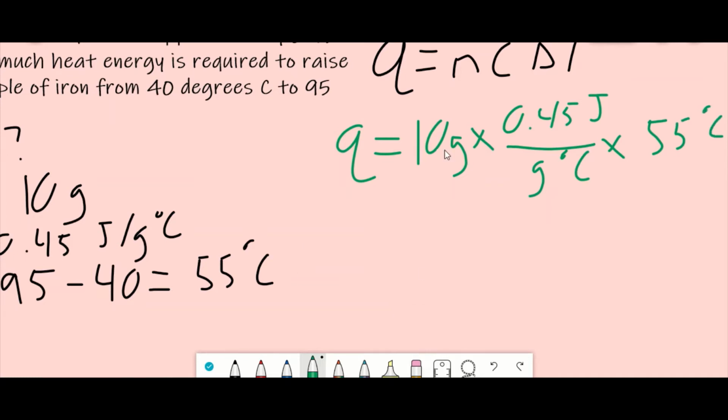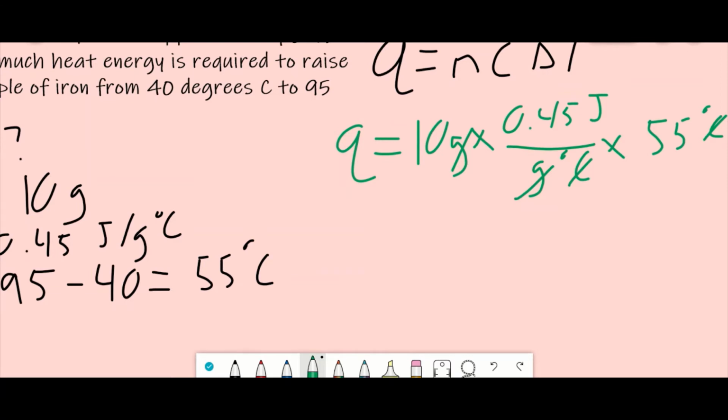If you notice right here, you can actually cross out some units. You have grams on the top but grams on the bottom, so those will cross out. And you have Celsius on the top and Celsius on the bottom, so those will cross out because this is basically being divided out. So our only unit that's left is the joules.